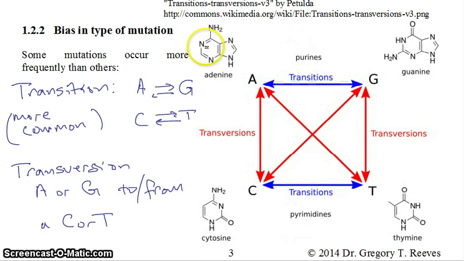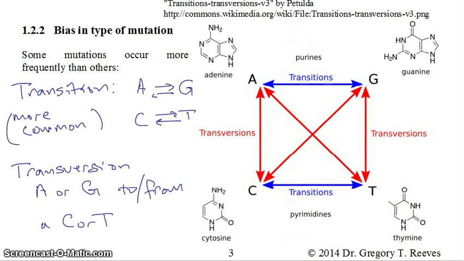And perhaps the reason why is if you look at A, adenine, it's a double ring structure, and guanine is also a double ring structure, so it's easier to do this kind of mutation where you maintain the double ring structure. These double ring structures are called purines. The other kind of nucleobase is a pyrimidine, and the C and the T are both single ring structures, which is why they're pyrimidines.